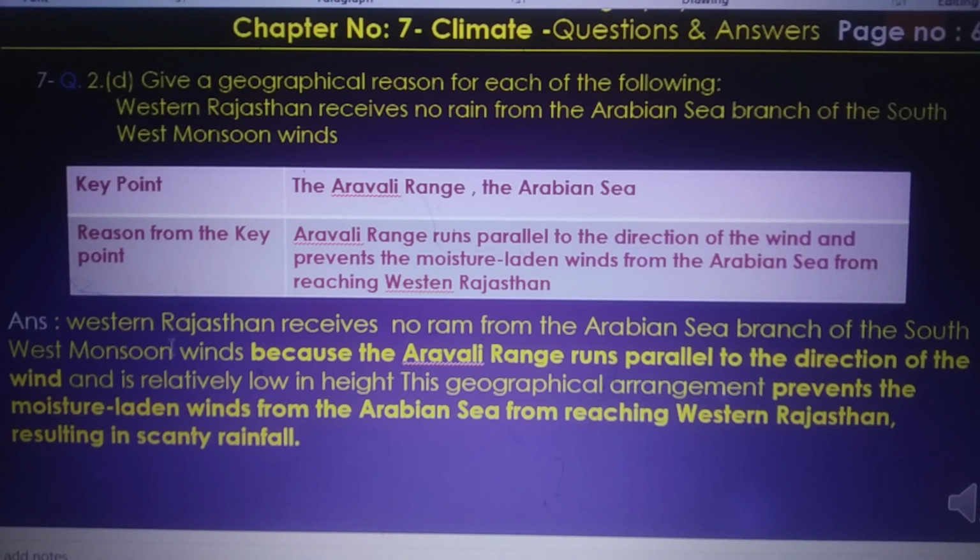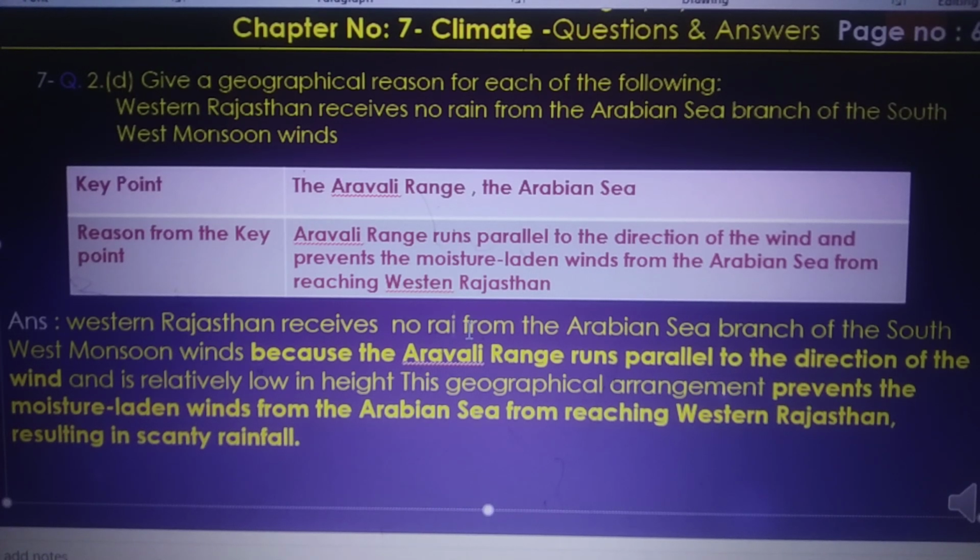What is the final answer? Western Rajasthan receives no rain from the Arabian Sea branch of the southwest monsoon winds because the Aravalli range runs parallel to the direction of winds.